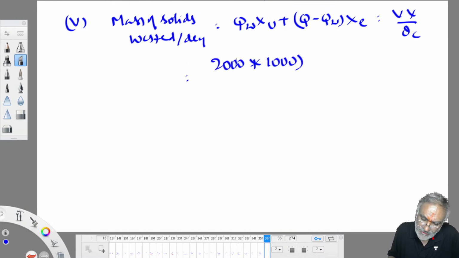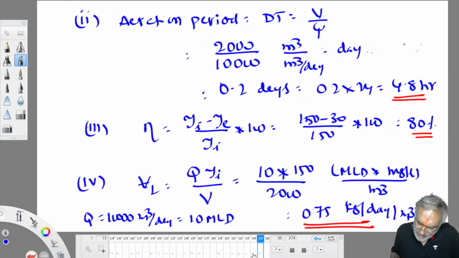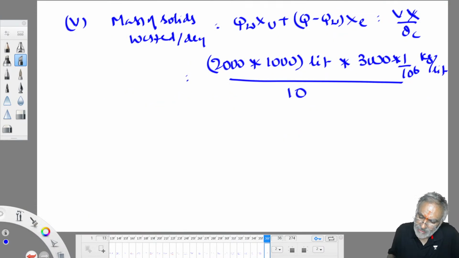I am converting this into liters into X, Vx. X is given in milligram per liter, converting this into kilogram per liter by theta C, given in the question 10 days. So 10 days. So this liter gets cancelled, you are left with kilogram per day.